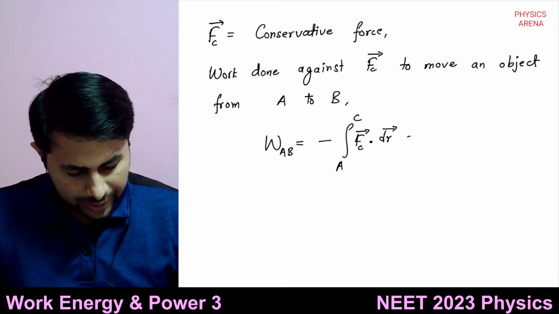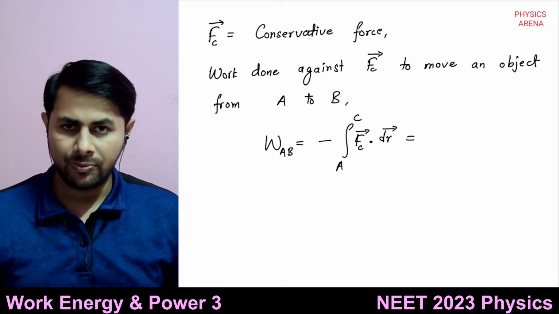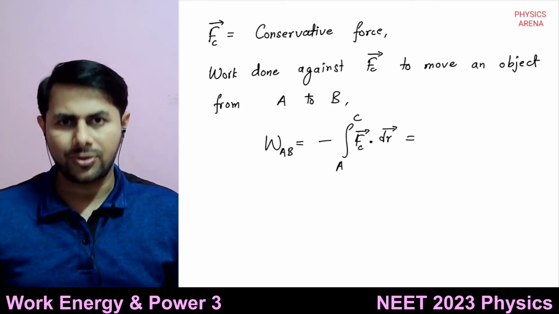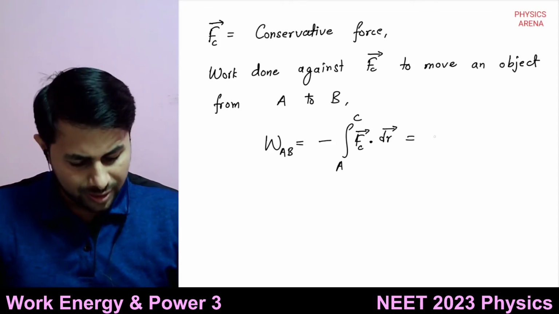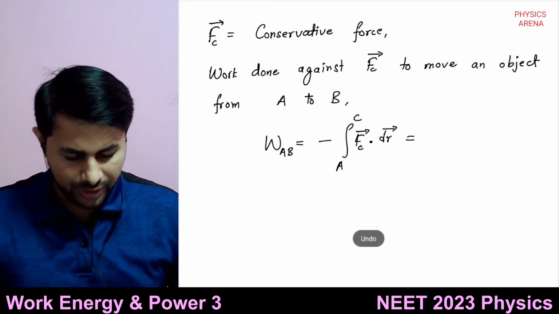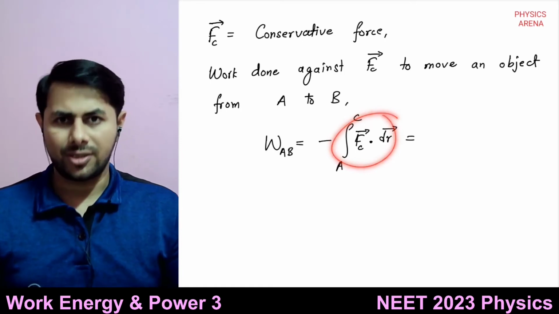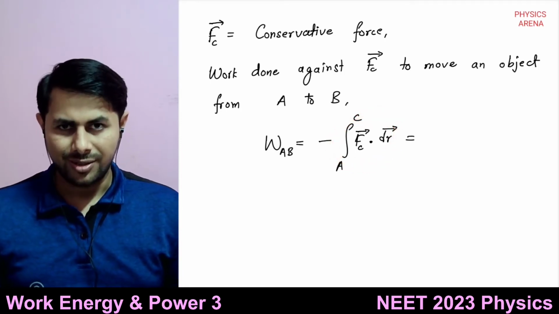And if we have a conservative force, we can always define a quantity known as potential energy. It only depends on the final point. See, this integral will be some function, right?